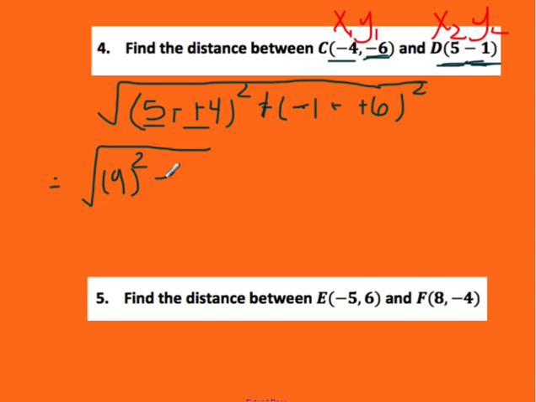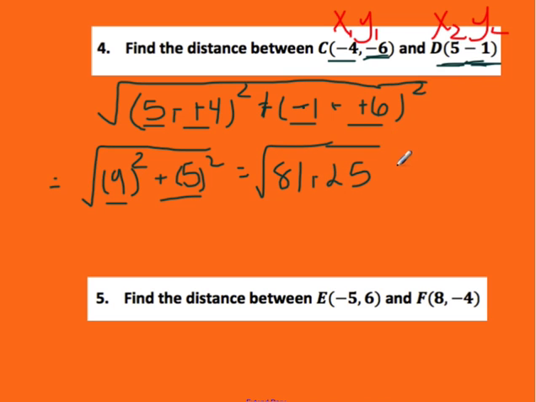Notice how I'm keeping those numbers in parentheses. That's going to make my math more accurate later. Negative 1 plus 6 is going to give me 5 squared. 9 squared is 81. 5 squared is 25. You add those two together and you get the square root of 106.